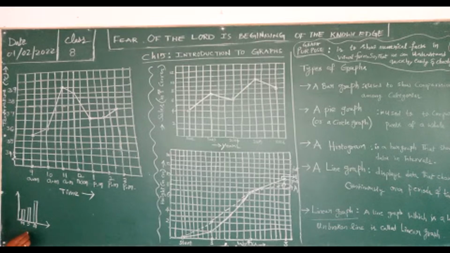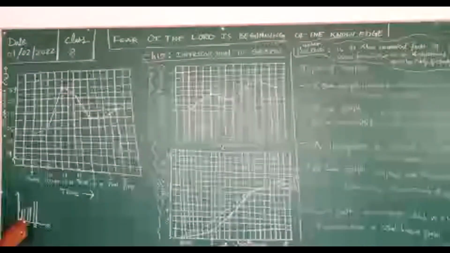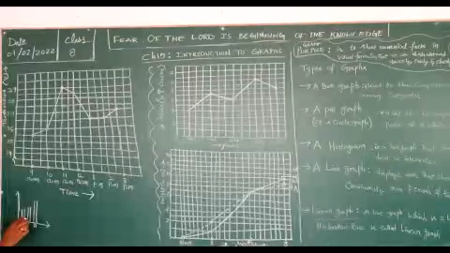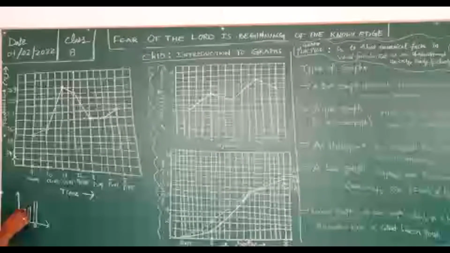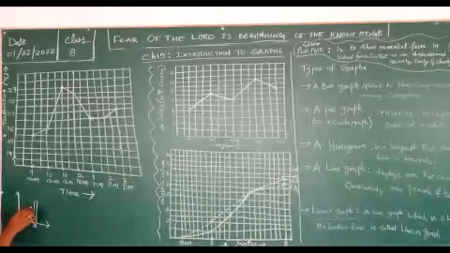Clear? So in such a way, if you represent any information in the form of rectangular bars, and that also parallel. Parallelly, if you draw the rectangular bars like this, then that is called a bar graph.